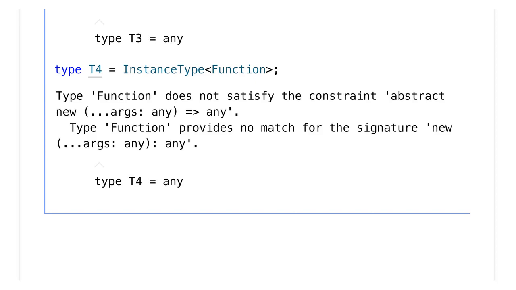Type Function provides no match for the signature new (...args: any): any. type T4 = any.